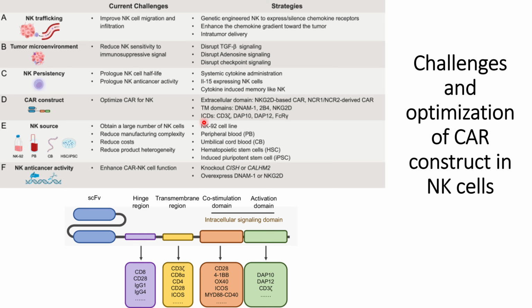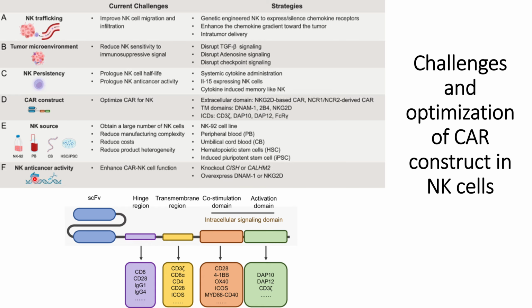This can be done by using NK92 cell lines, or taking blood from the patient, such as peripheral blood, umbilical cord blood, hematopoietic stem cells, or induced pluripotent stem cells as sources to derive NK cells.